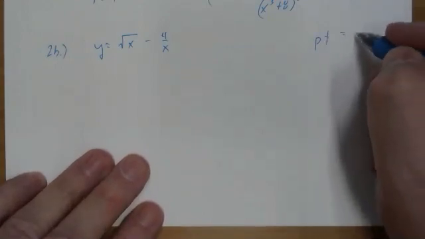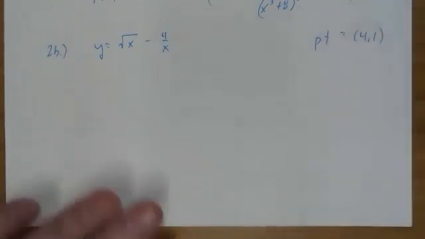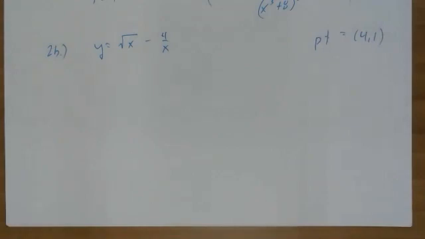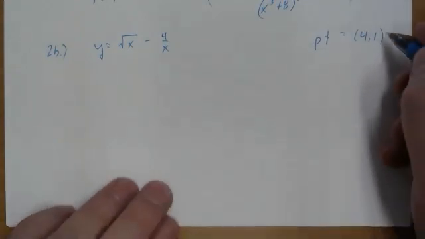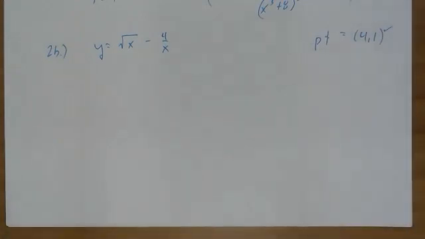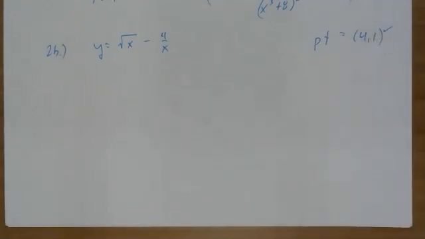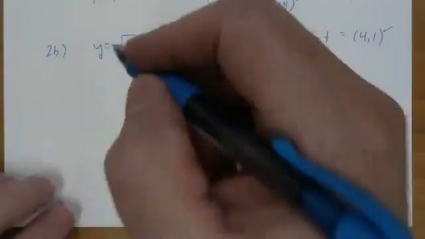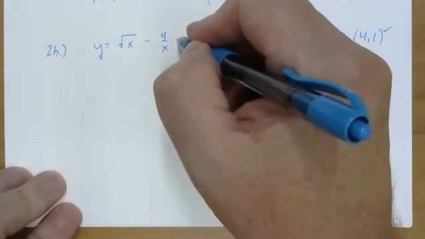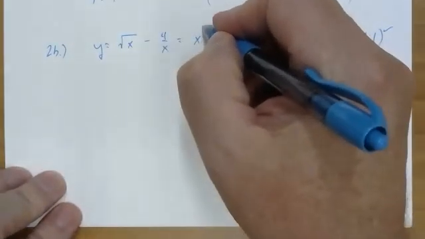So the point they're looking at is 4, 1. So same procedure. If I use the point slope equation, I've got my point. I need to get the slope at this point. The way I get the slope is go and take the derivative of this and then plug in x equals 4.